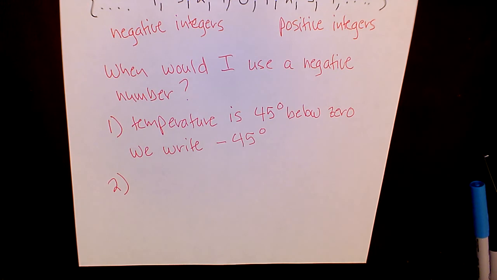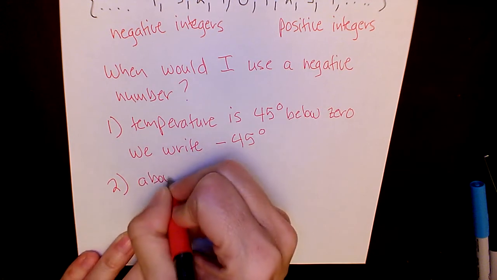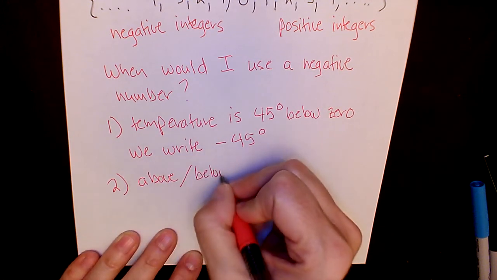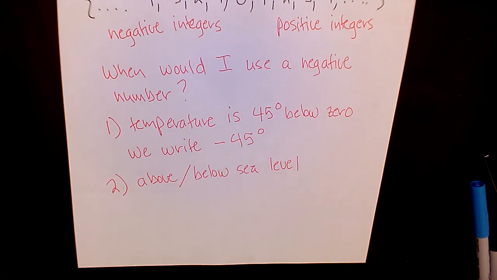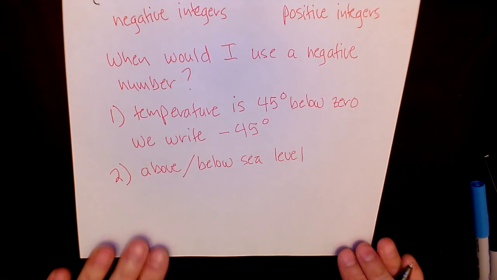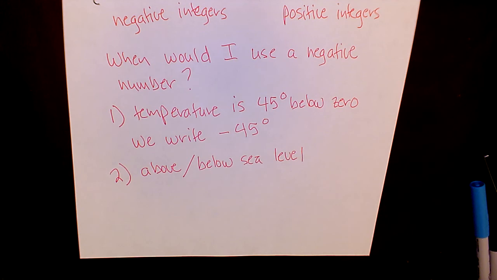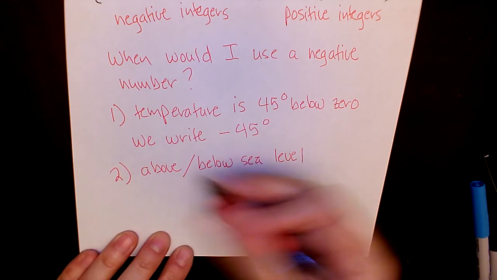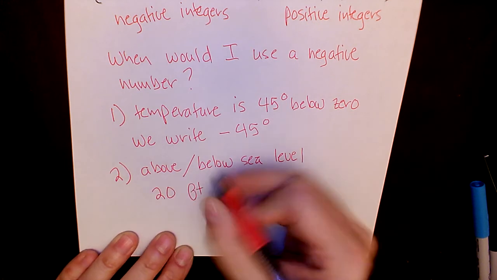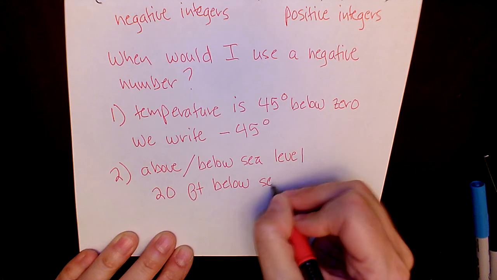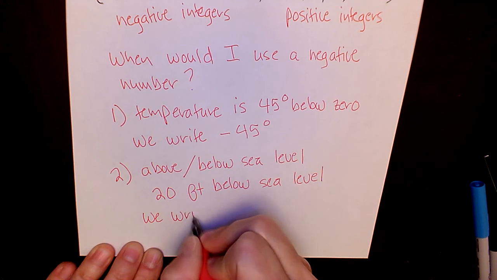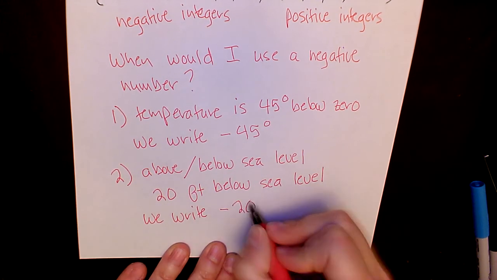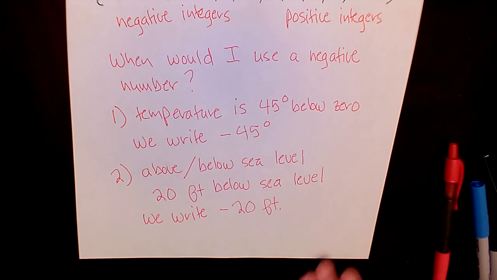If we're talking about above and below sea level, let's say we're going underground in the water and it's 20 feet below sea level, we could write negative 20 feet.